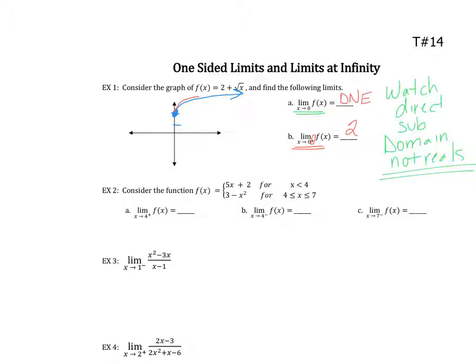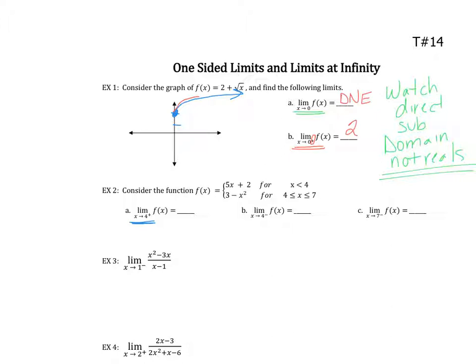Now, for example 2, we've done questions like this. We actually made them harder because you were figuring out the overall limit the other day. If they ask you just the one-sided limit, you just have to be careful that you are plugging into the right spot. On letter A, when it's asking for the limit as x approaches 4 from the right, I don't waste the time to draw the graph, but I think about which one I'm going to plug into.